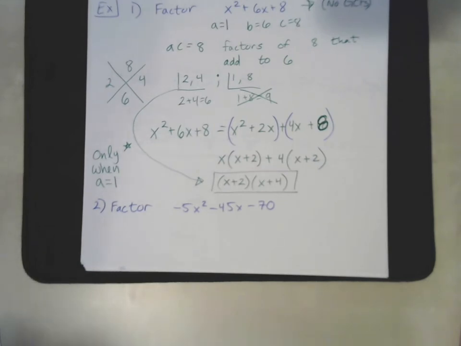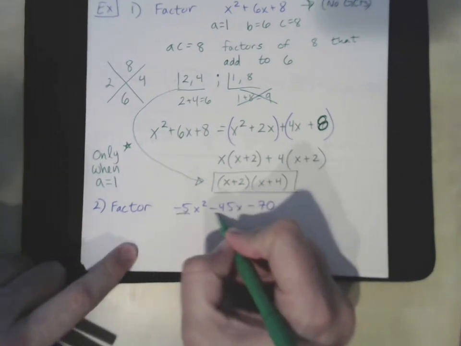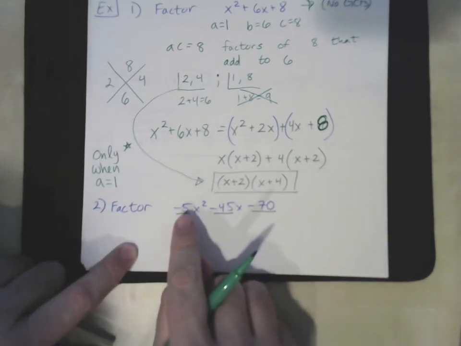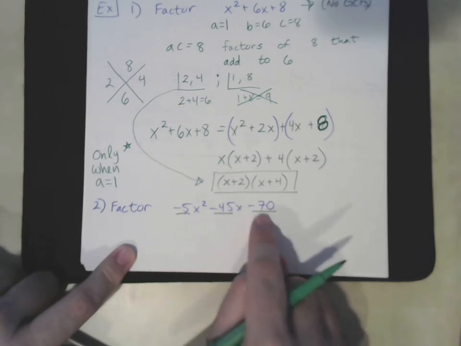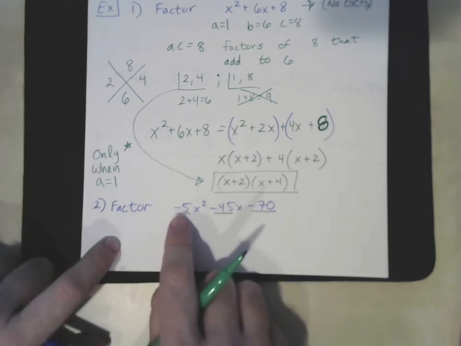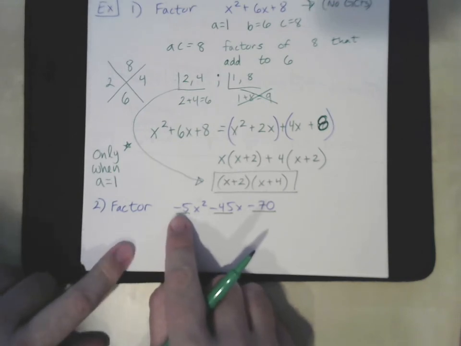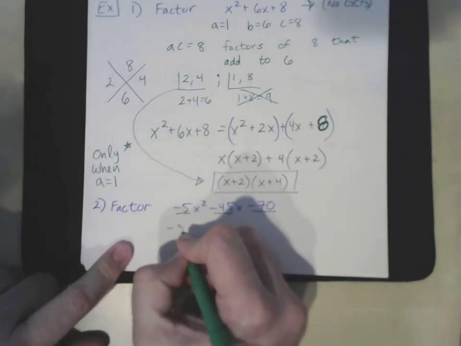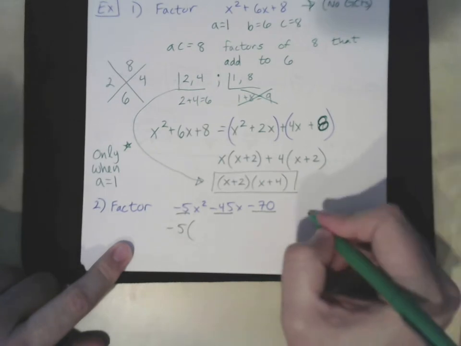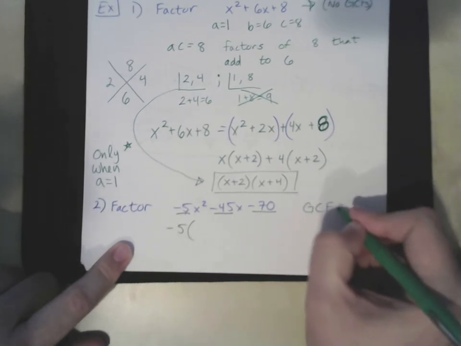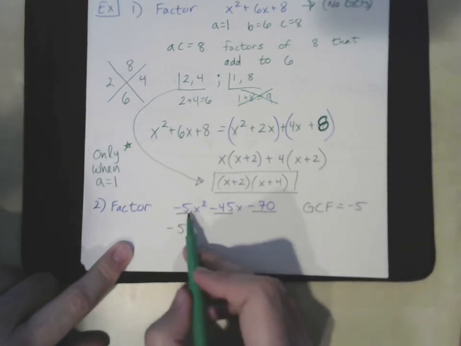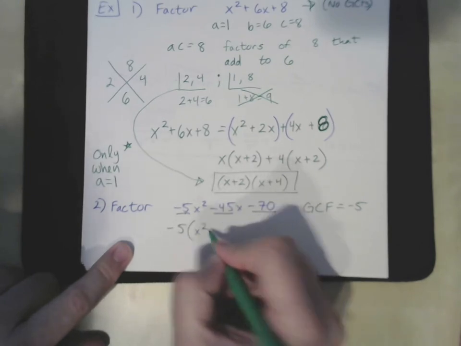So the first thing is to try and factor GCFs out of our coefficients. Now, we can pull a 5 out of all of these. Whenever you have a negative, you want to pull the negative out as well. It'll just make your life a little bit easier. So if I factor a negative 5 out, because our GCF is equal to negative 5, this will have an x squared left.